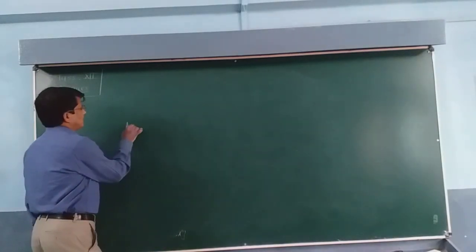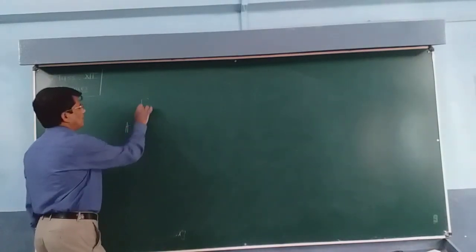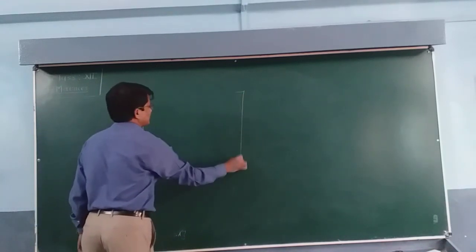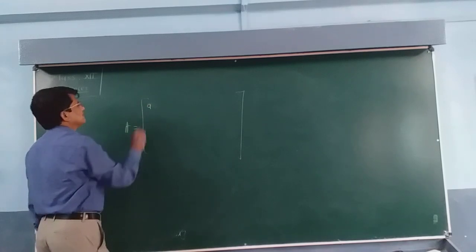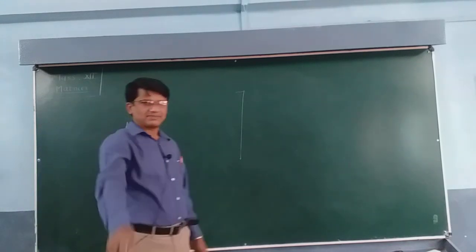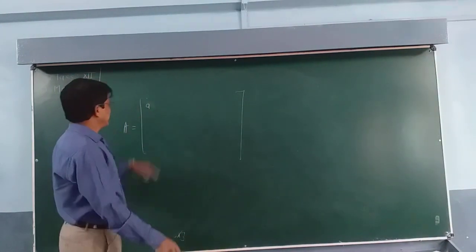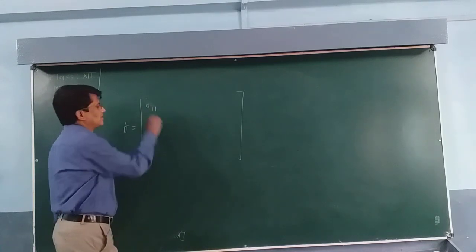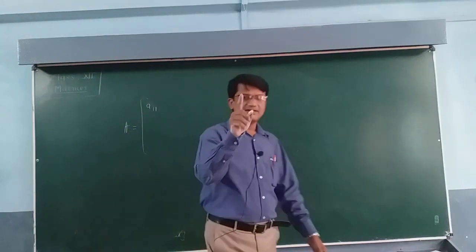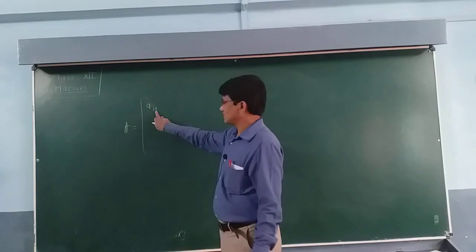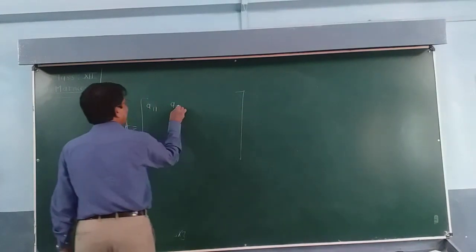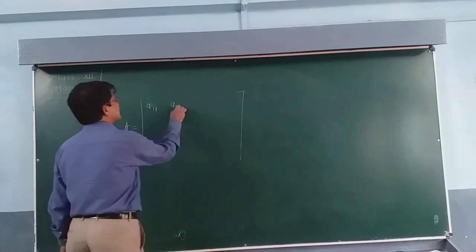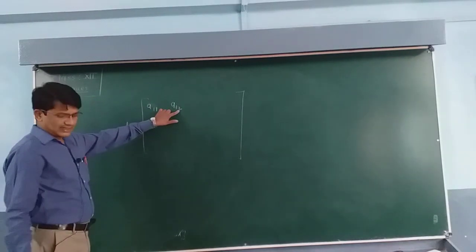Let us see the general definition of a matrix. The elements are denoted by capital A. So we have a11. Look here, 11 means first row, first column. a12 means first row, second column.